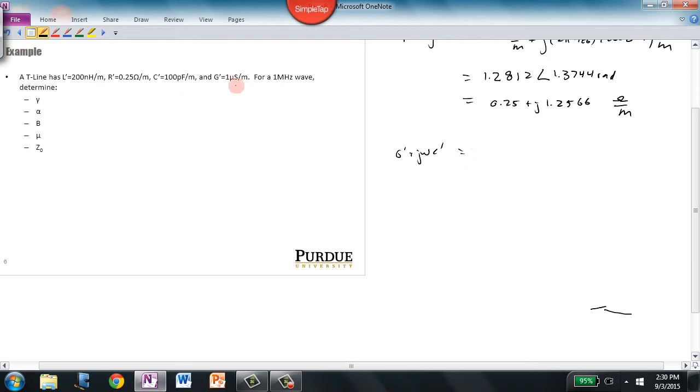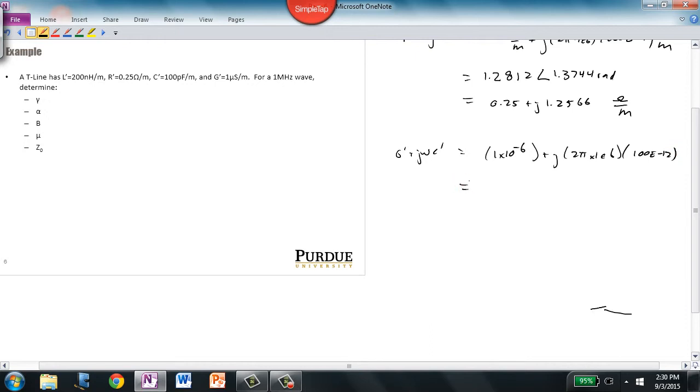Similarly, let's calculate G prime plus j omega C prime. That is equal to 1 microsiemen. So that's 1 times 10 to the minus 6 plus j 2 pi times 1 e to the 6 times the capacitance, which is 100 pico. Pico is 10 to the minus 12.